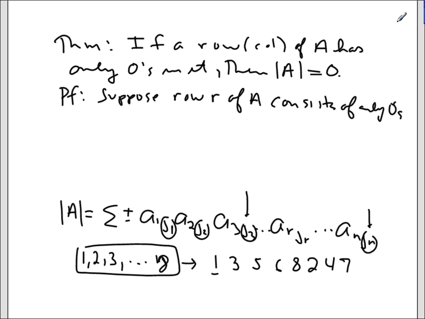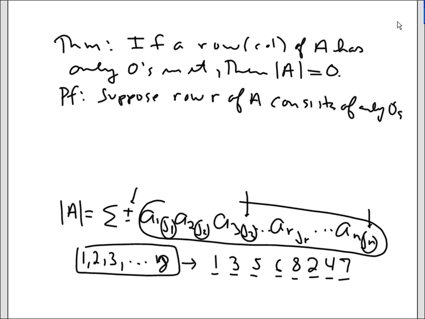I used 1 and 2 and 3 and 4 and 5 and 6 and 7 and 8. You have to use all of that. Okay, and what we're going to do is, forget the plus minus in the front for a moment. We are going to add up many of these. And what is the difference between the things that we're adding up? The columns that we pick are going to be different. They're going to be permutations of 1 through 8.